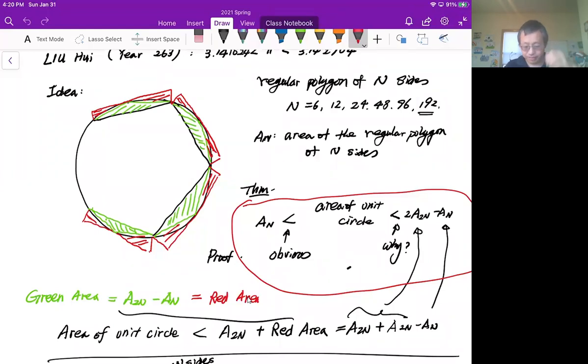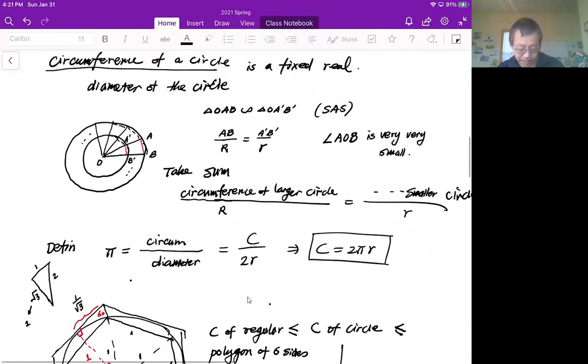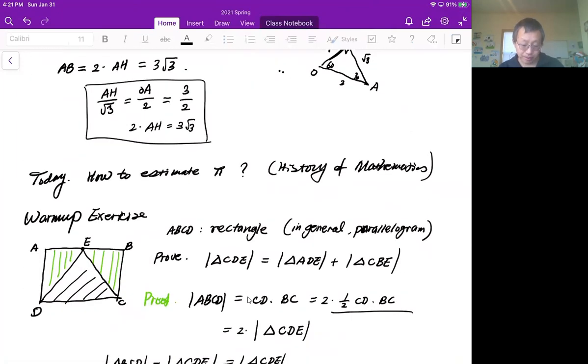The green area is obtained between the regular polygon of n sides and the regular polygon of 2n sides, so it's the difference of the two areas. That green area is actually the same as the red area. That's just our warming up exercise. The two of them are the same.